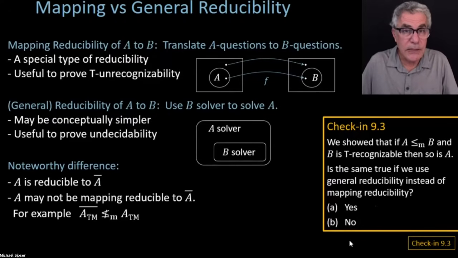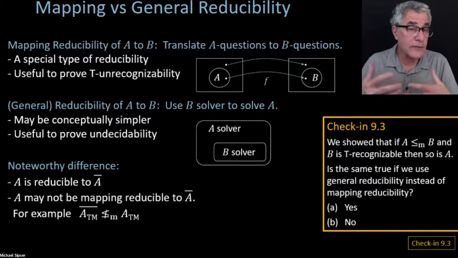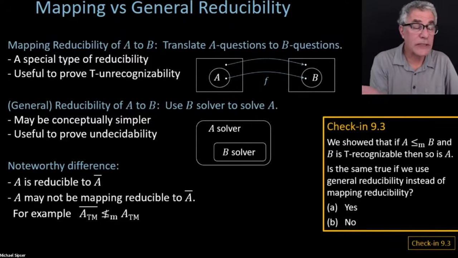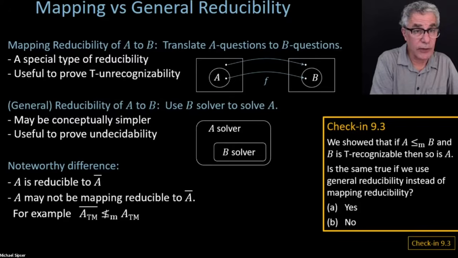Let me see if I can clear up people's confusion with a couple of questions. Why is A reducible to its complement in the general sense? If you have a decider for A complement, it gives you a solver for A. You just ask the solver whether the string is in the language or not, and then you give the opposite answer if you want to solve the complementary problem.